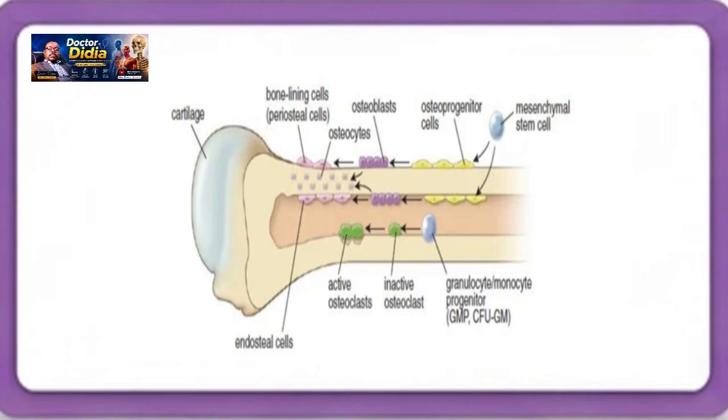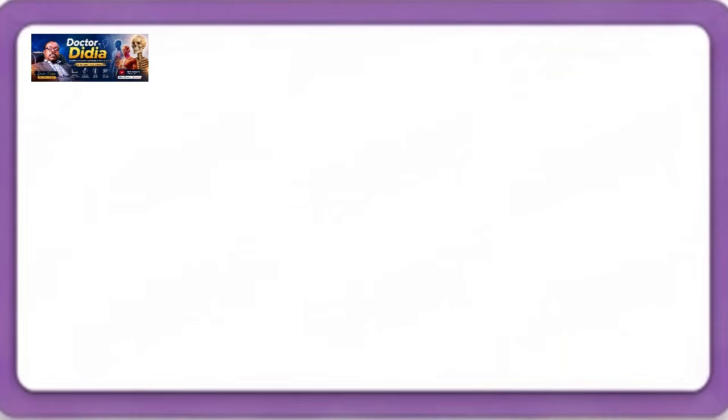Then the final cells of the bone are cells belonging to the periosteum, the covering of the bone. Now, bone membranes line the external surface of bones as periosteum and the internal surfaces as endosteum.